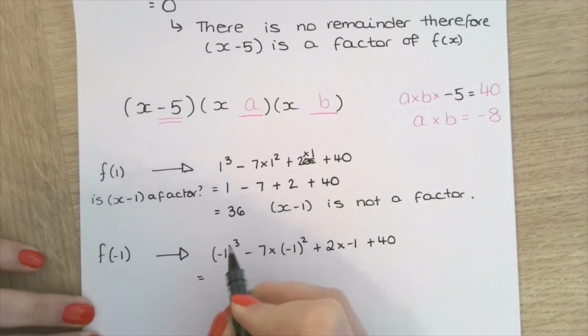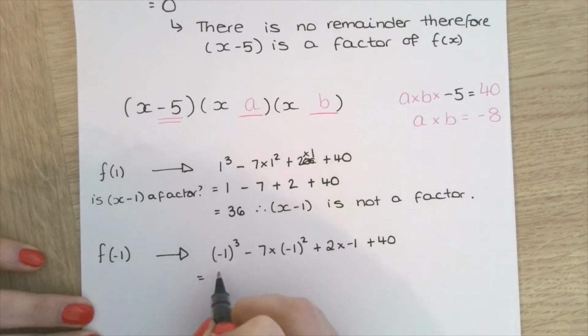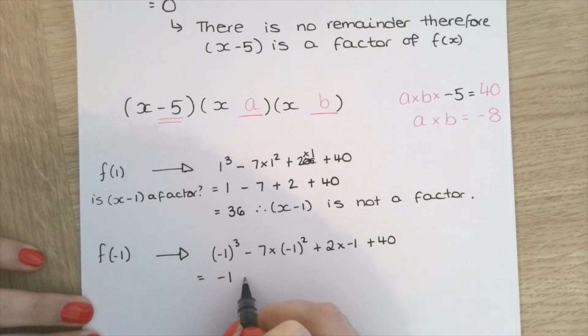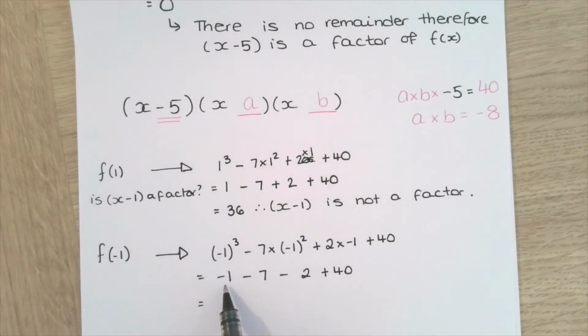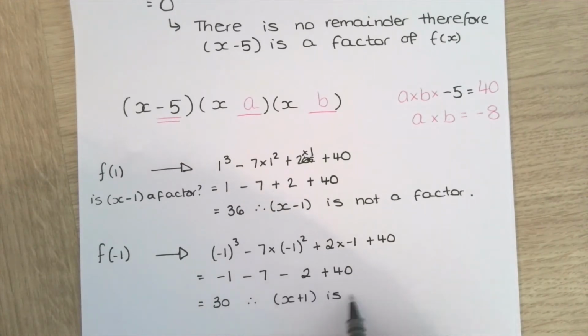That's going to get me negative 1 minus 7 minus 2 plus 40. So minus 8, minus 10, plus 40 is going to get me 30. So x plus 1 is not a factor.